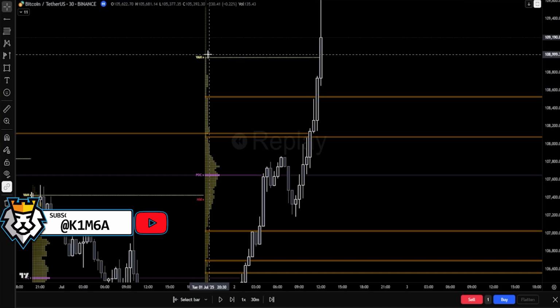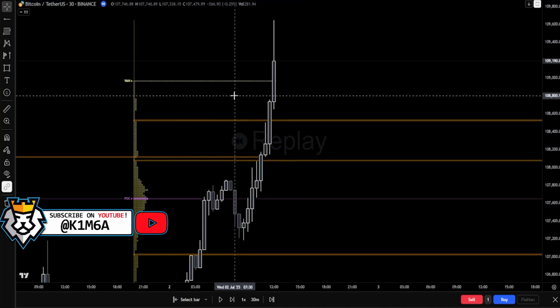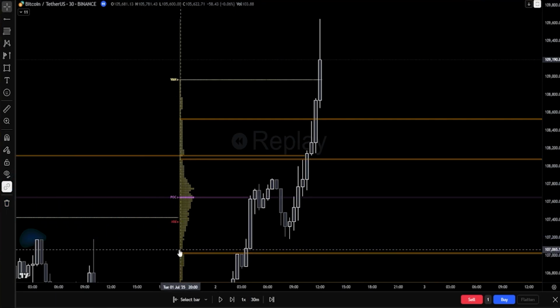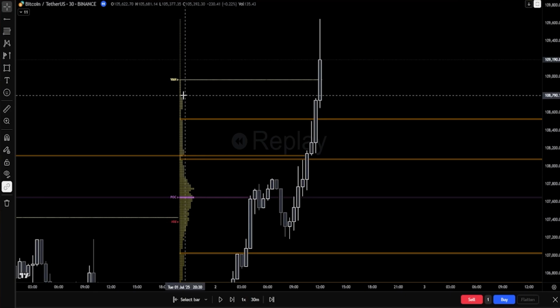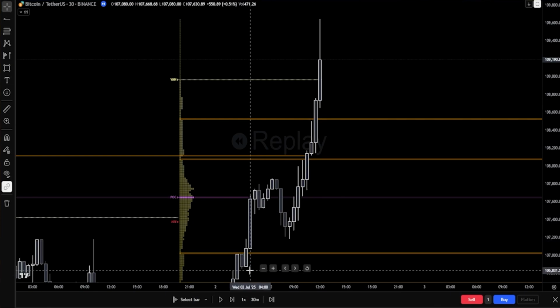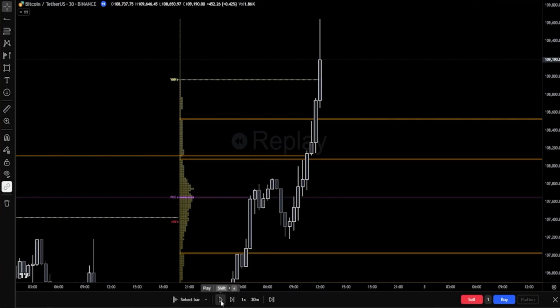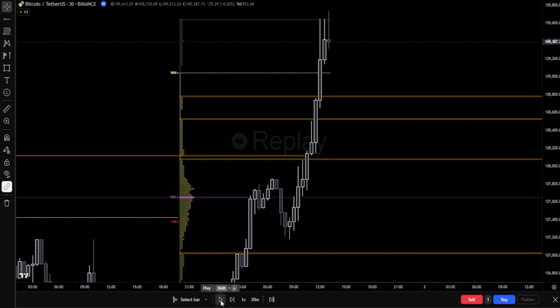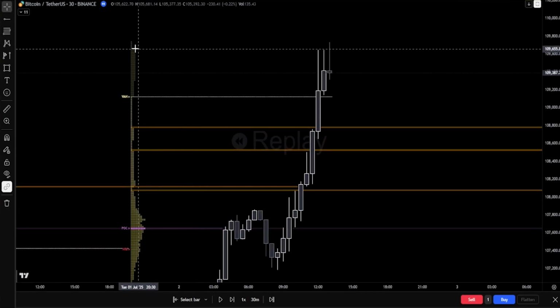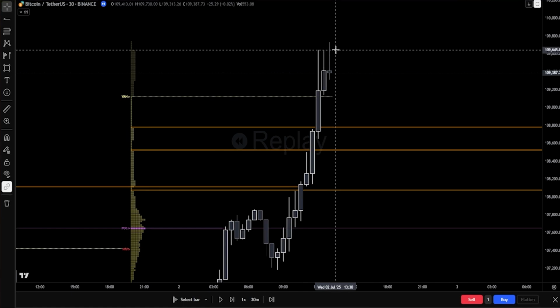And you see in the profile, as this is happening, you have one tiny row of TPOs all the way up at the high. That's called a selling tail, but the candle hasn't closed yet. There we go. That's a nice little selling tail, at least for now.